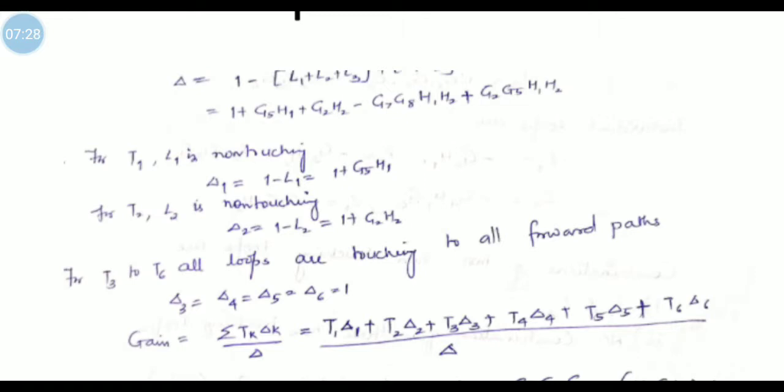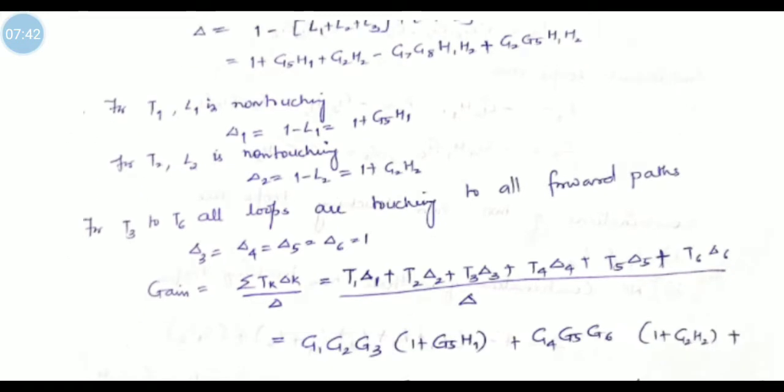So gain is the summation of Tk delta k by delta, which is T1 delta 1 plus T2 delta 2 plus T3 delta 3 plus T4 delta 4 plus T5 delta 5 plus T6 delta 6, by delta.